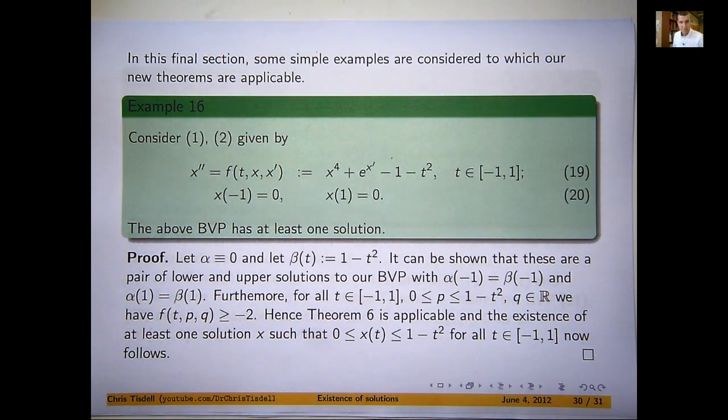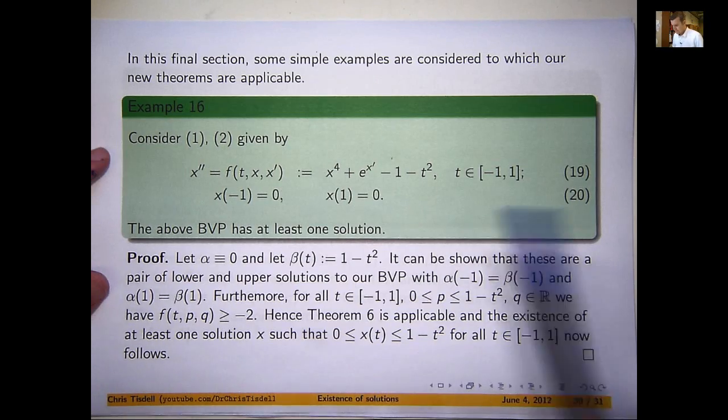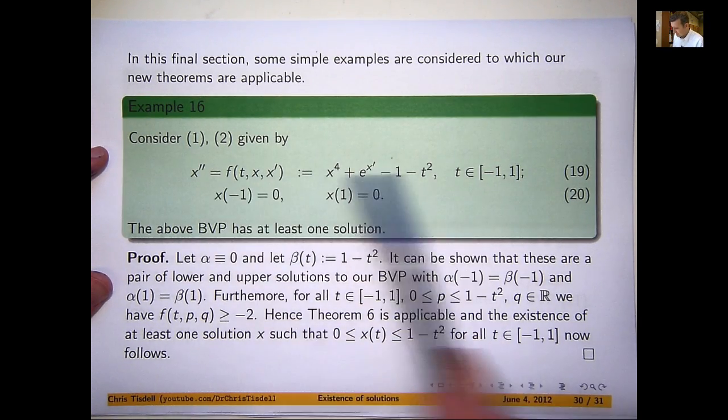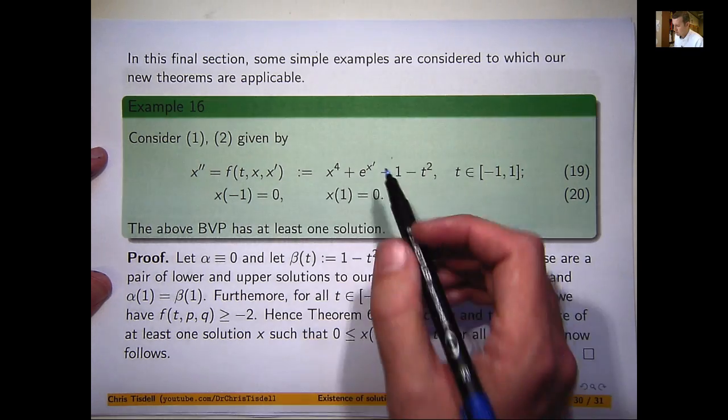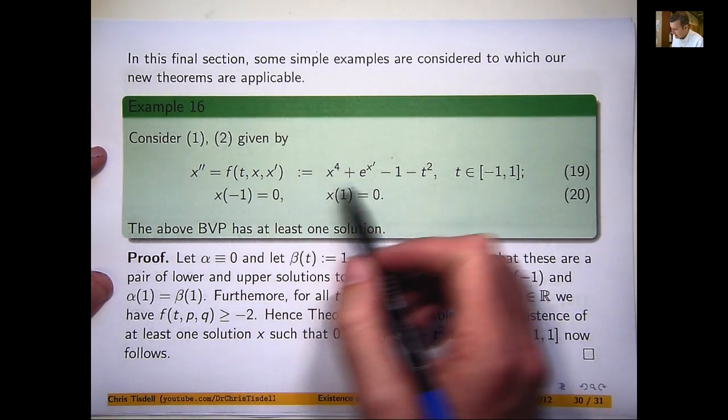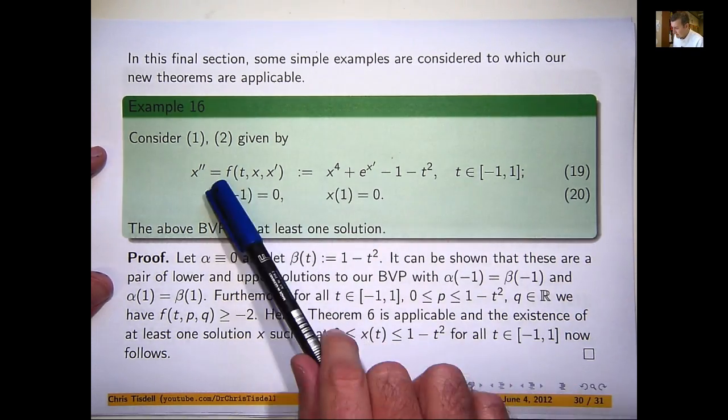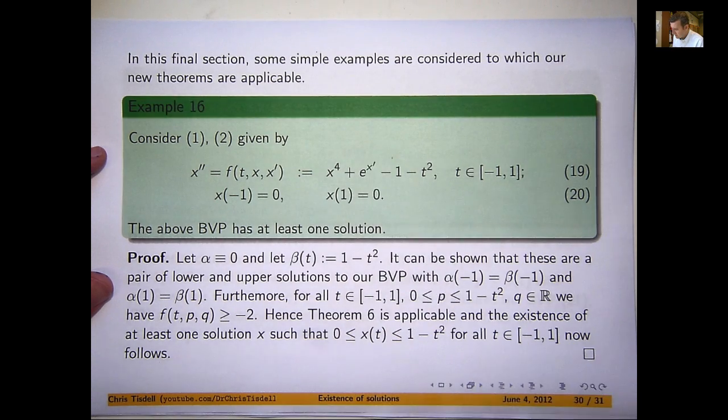But I wanted to talk about a couple of examples now, just to give you a feel for how to apply these ideas. Let's have a look at the following boundary value problem. You can see firstly, it's highly nonlinear, and the f grows in the third variable exponentially.